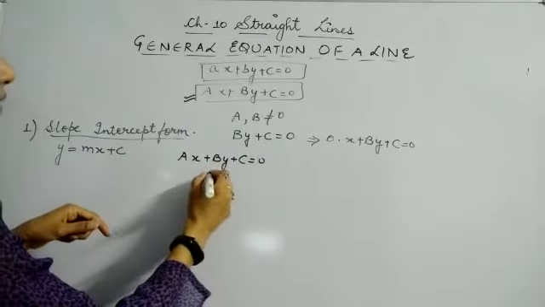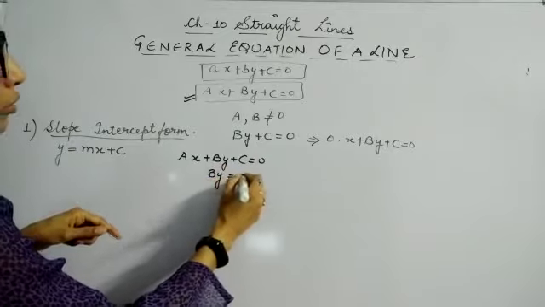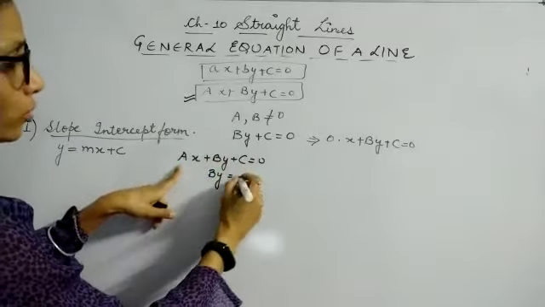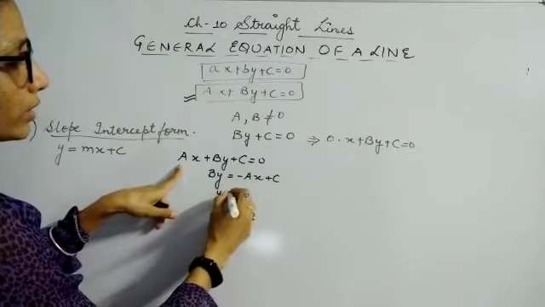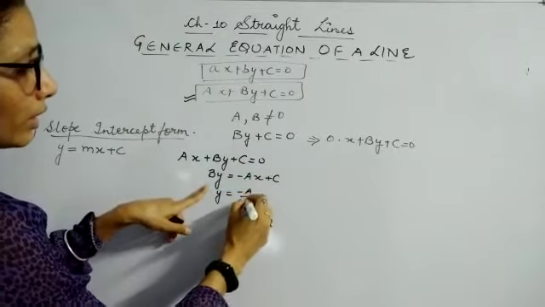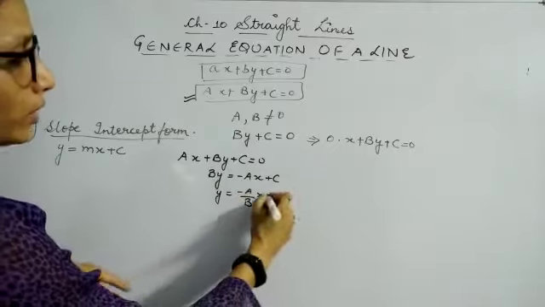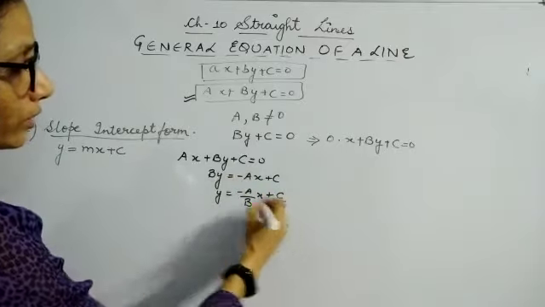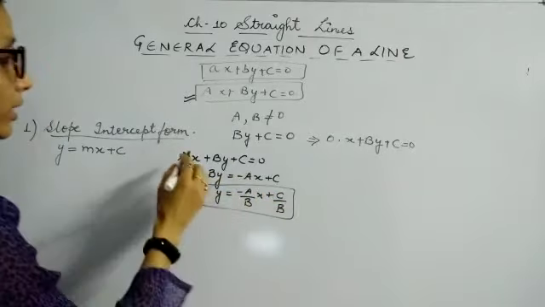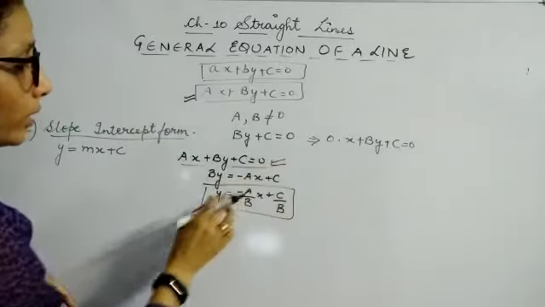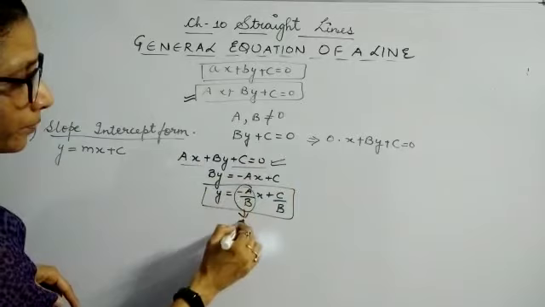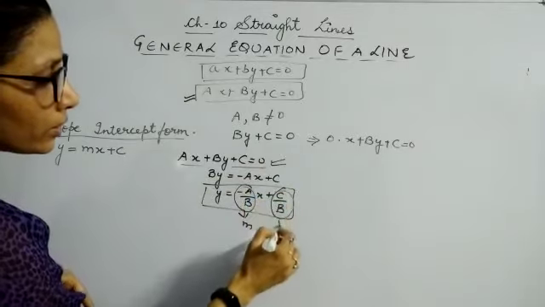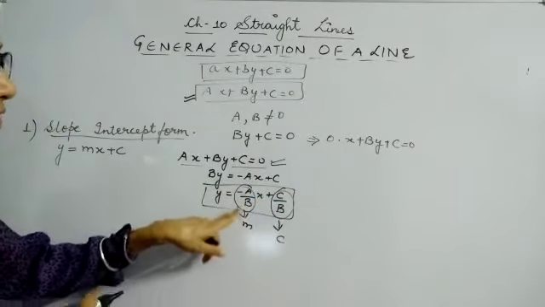Okay, so I'll be writing it as By equal to, I'll take this to that side, so this will be minus Ax minus C, or I can say y equal to minus A by B x minus C by B. I'm taking this B down. So now I have converted my general equation into y equal to mx plus c form. So m is the slope here.